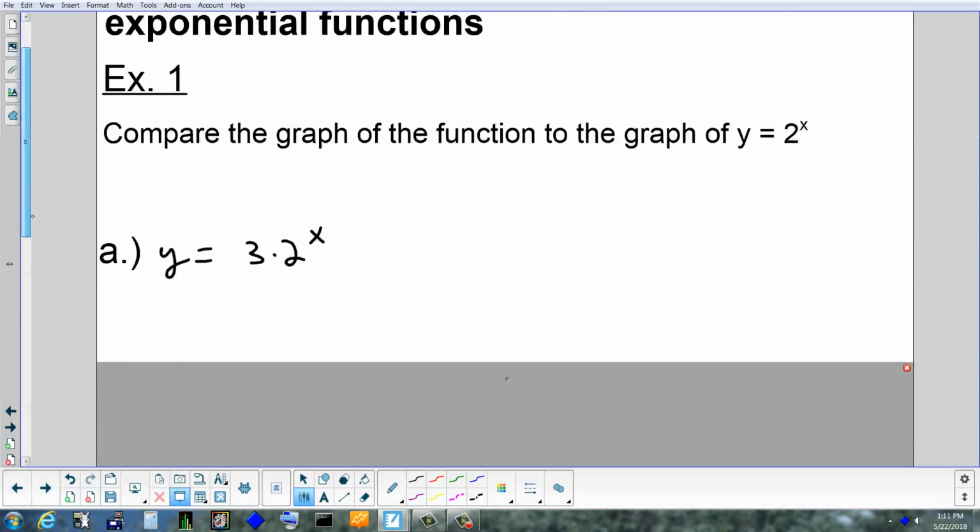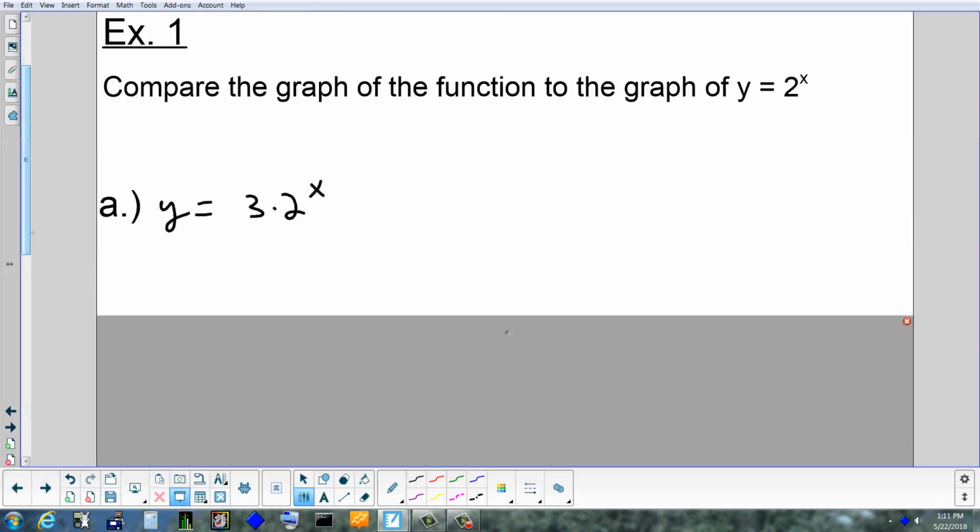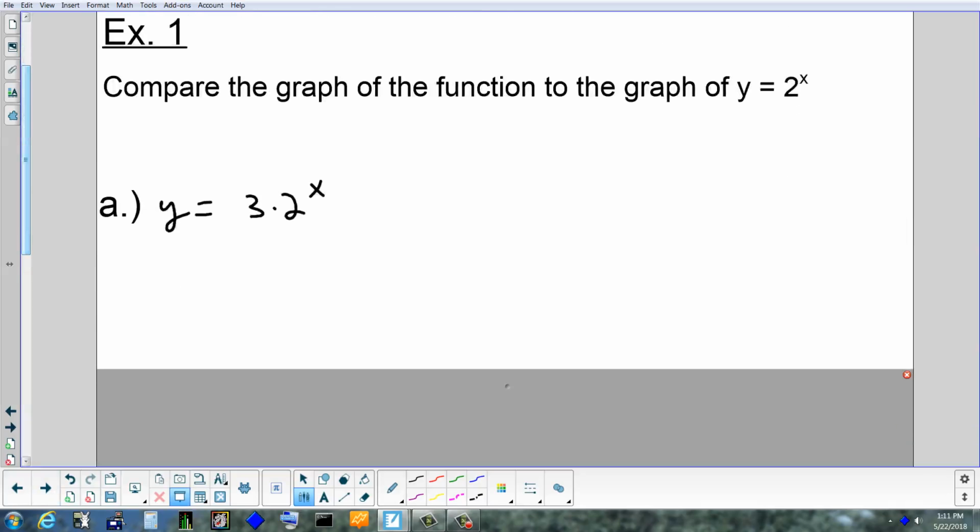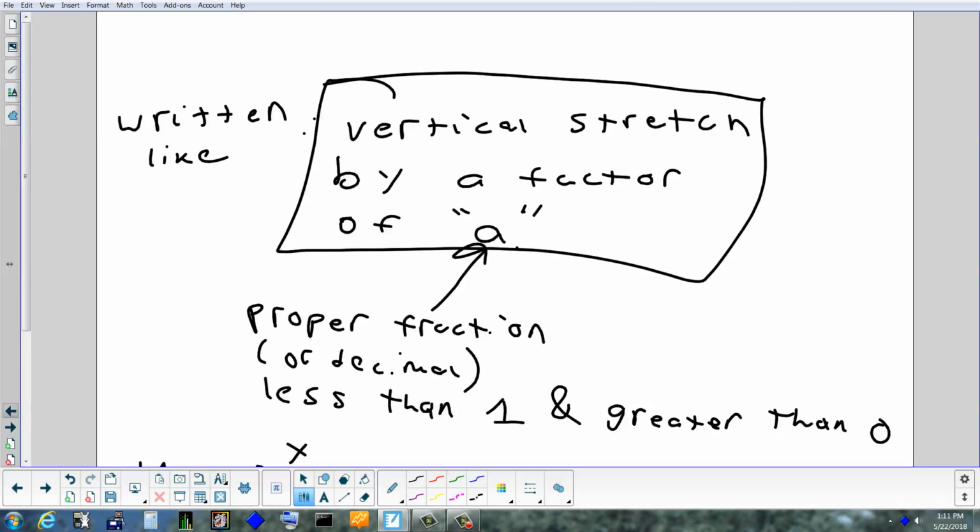So guys, on your sheet, when it says if it's a negative, don't worry too much about that. It's going to be the same thing as yesterday. Vertical stretch, so you'll start with vertical stretch by a factor of A, whatever A is. That was the first one, and I'm adding to it. I'm getting lazy, I don't want to write this twice.